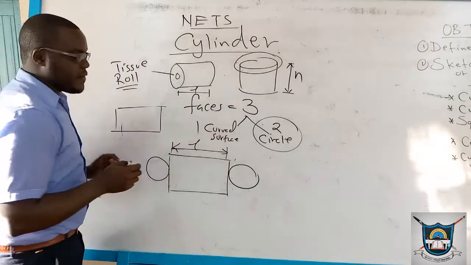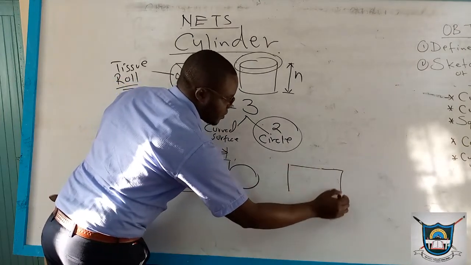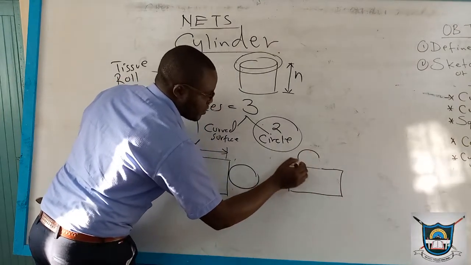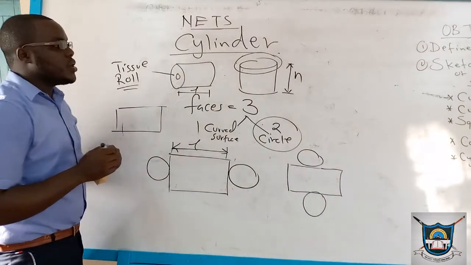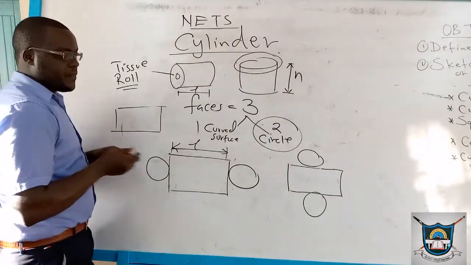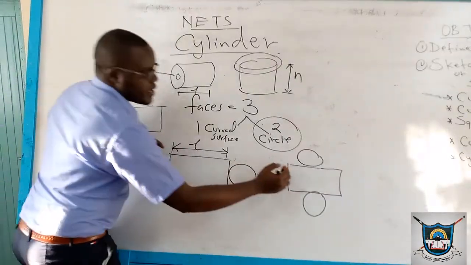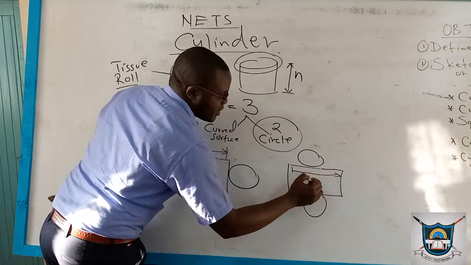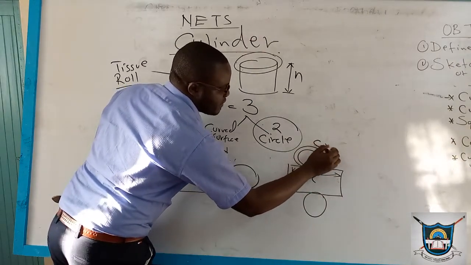For this case that I have here, I can draw the two circles, one on top of the other, but remember, this time round, the length here shall correspond with the circumference.